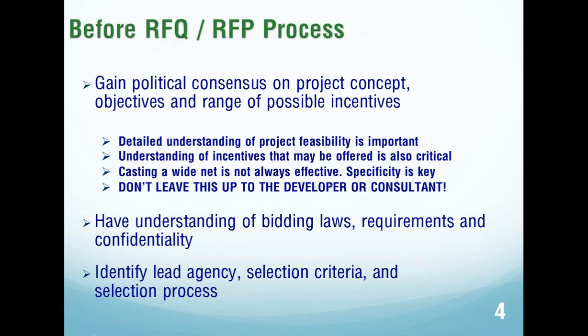One of the things that turns off developers is if you go out for development and it's very clear that there needs to be a public subsidy, but you haven't suggested that you realize that there will be or how much it will be. So again, it seems like a big fishing expedition, so you don't want to do that. You want to know, and that's why the political buy-in is so critical.